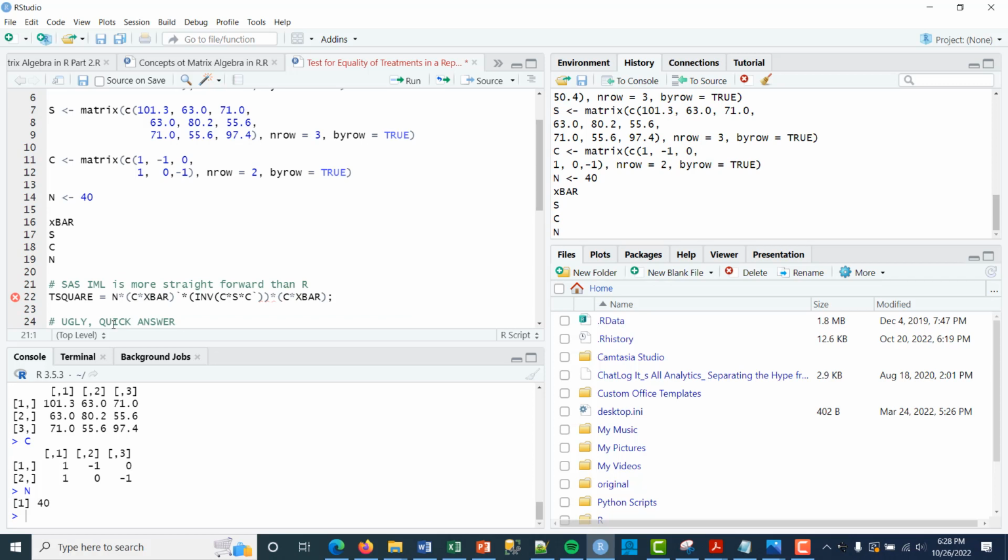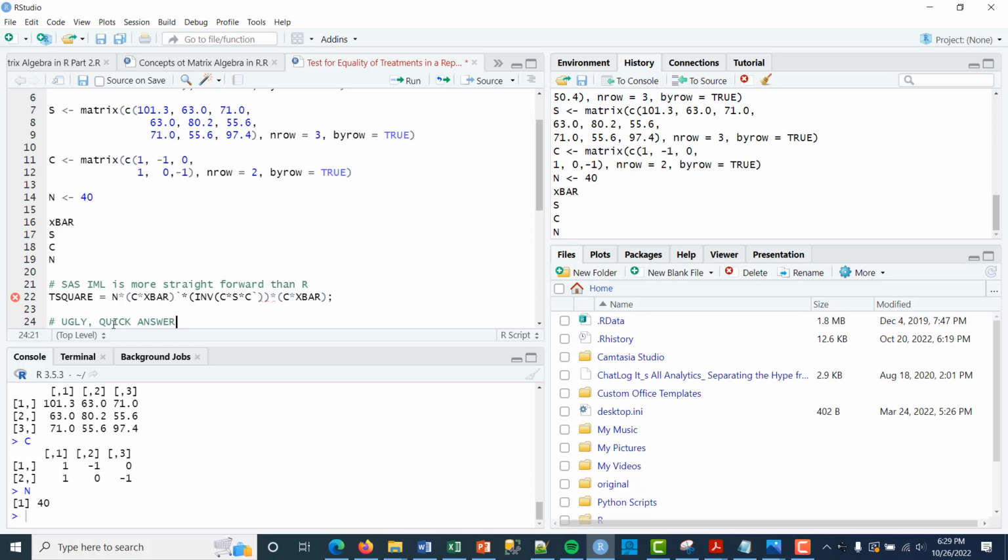All right, so previously I used SAS to do these calculations, and SAS is a lot prettier. It's more straightforward. If you do it in SAS, you just multiply like we just saw in that equation in that PowerPoint slide: N times C times X bar, that quantity primed, transposed, times the inverse of C times S times C prime, or transpose of C, and then multiply that times C times X bar. That's it.